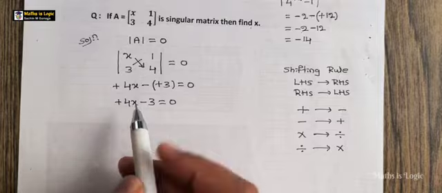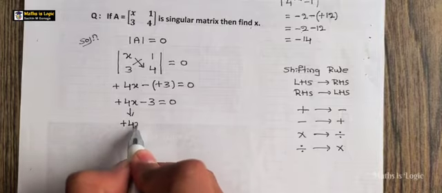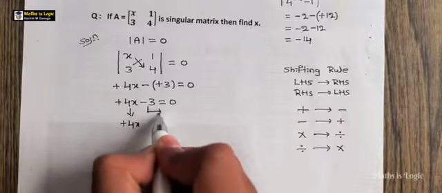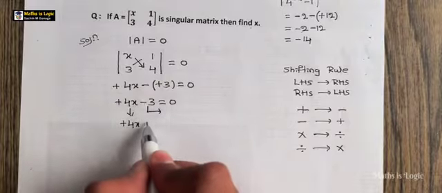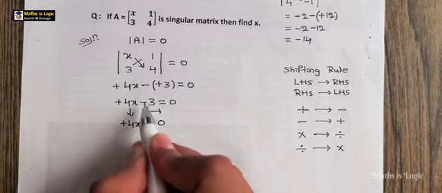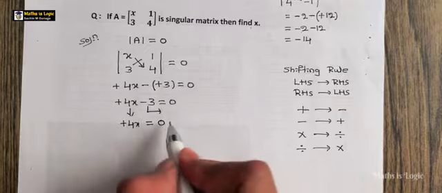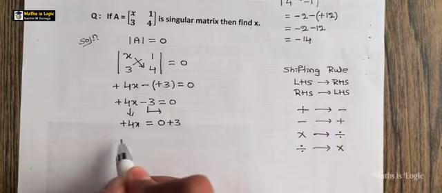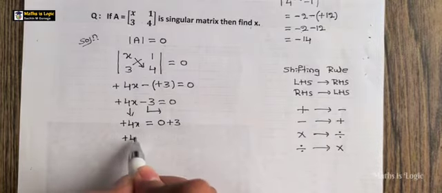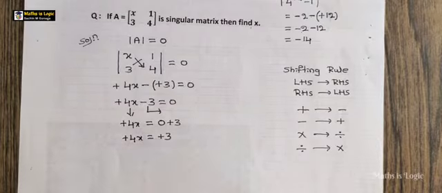We need x value, therefore this x I am going to keep in left hand side. At the same time I am going to shift minus 3 to right hand side. So already in right hand side 0 is there, keep it as it is. Minus, if I shift it becomes plus, therefore minus 3 becomes here plus 3. Therefore plus 4x is equal to 0 plus 3 is plus 3 or 3.